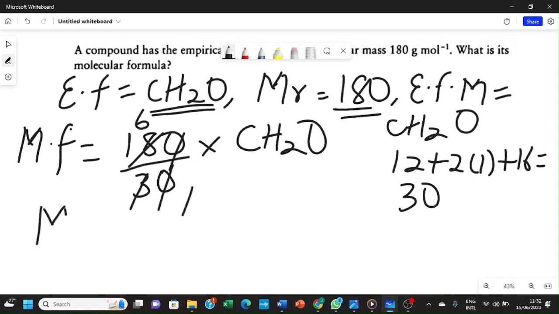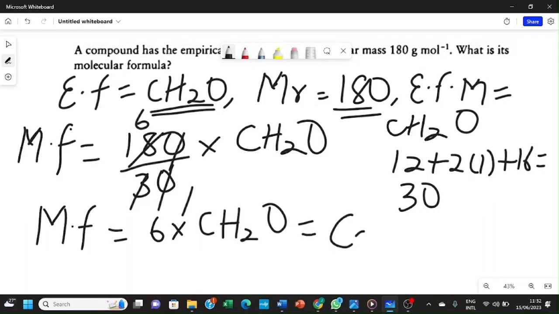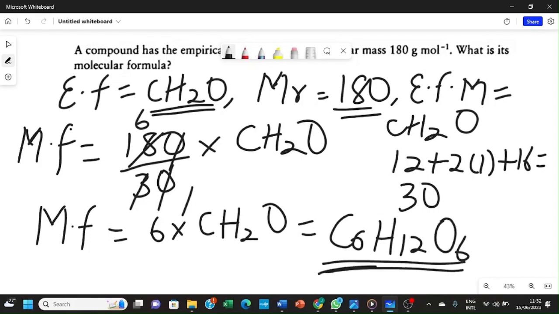So the molecular formula will be equal to 6 times CH2O, which is C6H12O6. This is the molecular formula that gives us the actual number of each of the atoms present in the compound or molecule. It's as simple as ABC, just apply the formula.